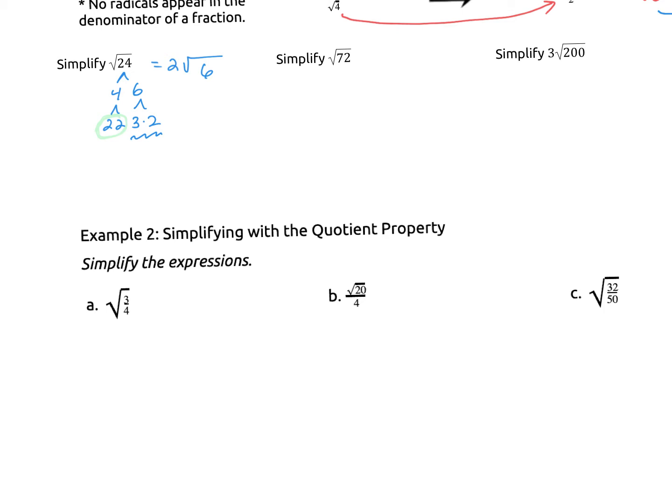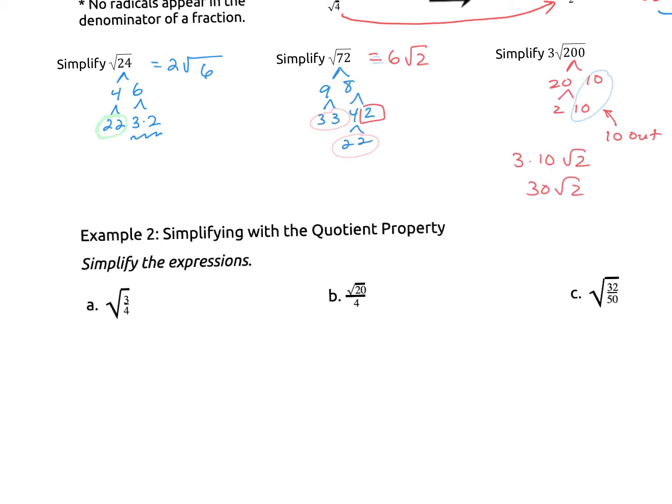Why don't you put the video on pause and see if you can try the next 2. Okay, so in the first example, we have the square root of 72, which is 9 times 8. 9 is 3 times 3. 8 is made up of 2 times 2 times 2.